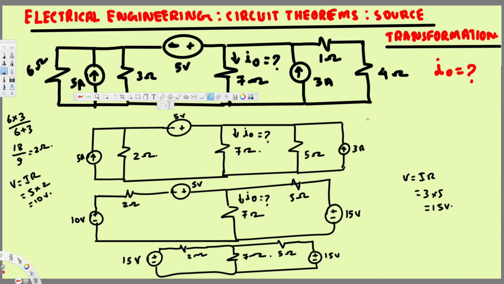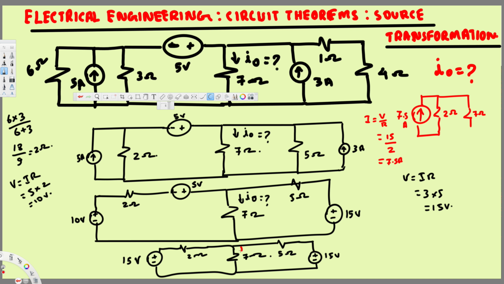To do that I have to use I is equal to V over R, and here V is 15 divided by the resistance 2, that's going to give us 7.5 ampere, and that's going to be our new current source, 7.5 ampere. After that this 2 ohm resistance is going to be in parallel, and the middle remains the same, that's going to be just 7 ohm.